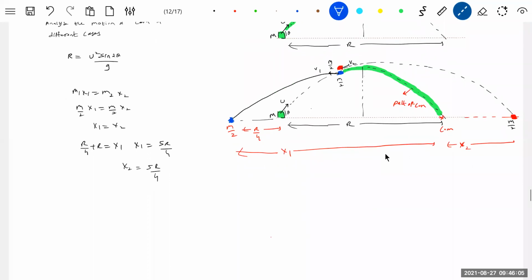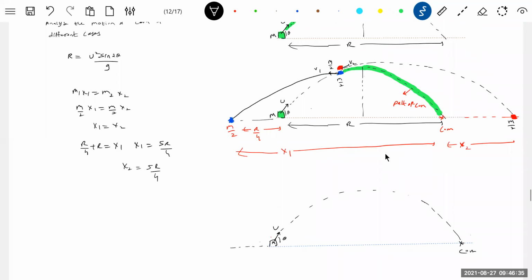Just analysis here. Okay, this is where the center of mass will land. It is projected with a speed u at an angle theta. Unequal fragments: one of the fragments, somewhere the explosion will occur here.